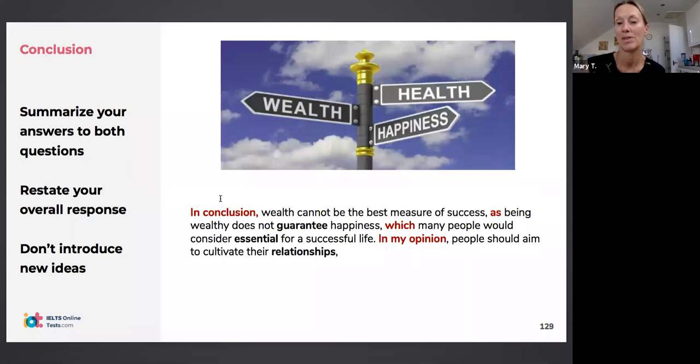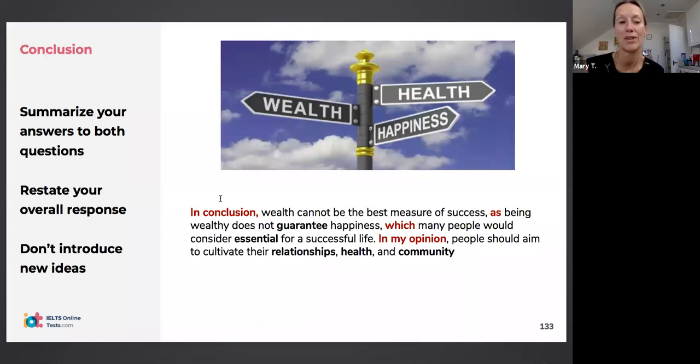Remember from before, so relationships, what were the other things? The next one was health, good. Health and community.